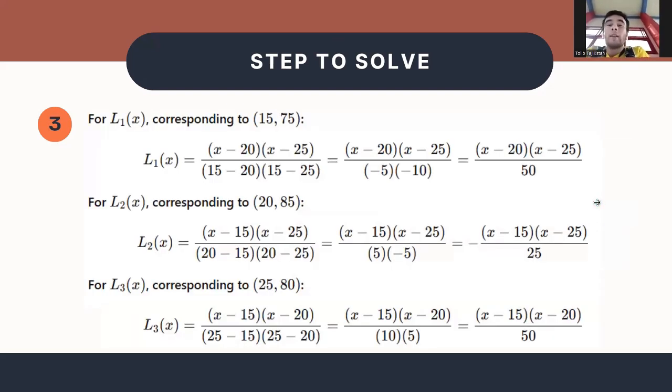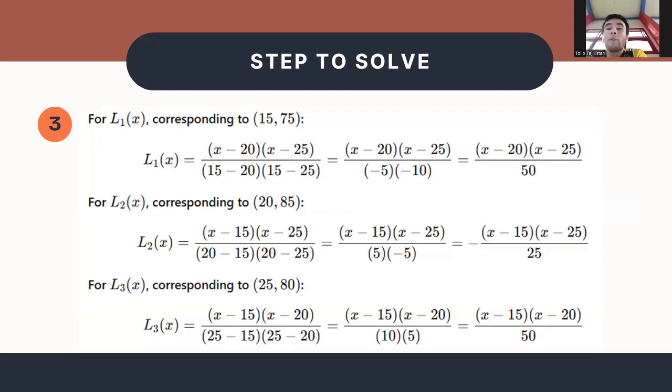According to the formula, the first polynomial basis point is 15 and 75. We substitute all the numbers into the formula. The first one is L1 of x equal to x minus 20 times x minus 25 over 15 minus 20 and 15 minus 25, which is x minus 20 times x minus 25 over minus 5 times minus 10, so over 50.